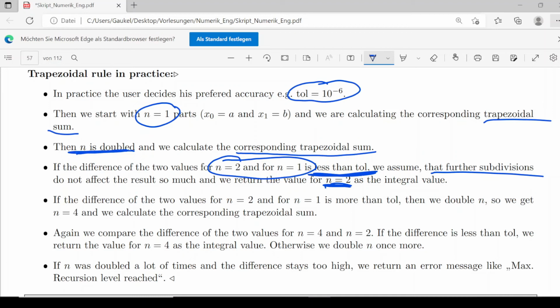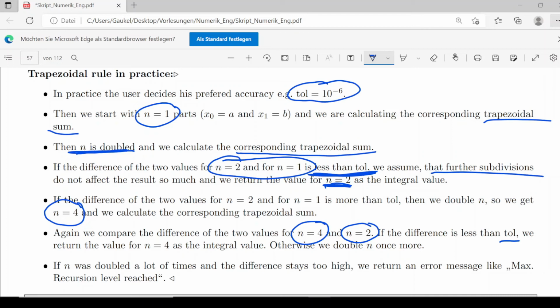Normally this difference will not be small, because n is 1 and n is 2 means very, very few evaluation points, so we double again. So then we will calculate the trapezoidal value for n equal to 4, and then we compare the n is 4 value and the n is 2 value. If the difference is less than the tolerance, then we return the value.